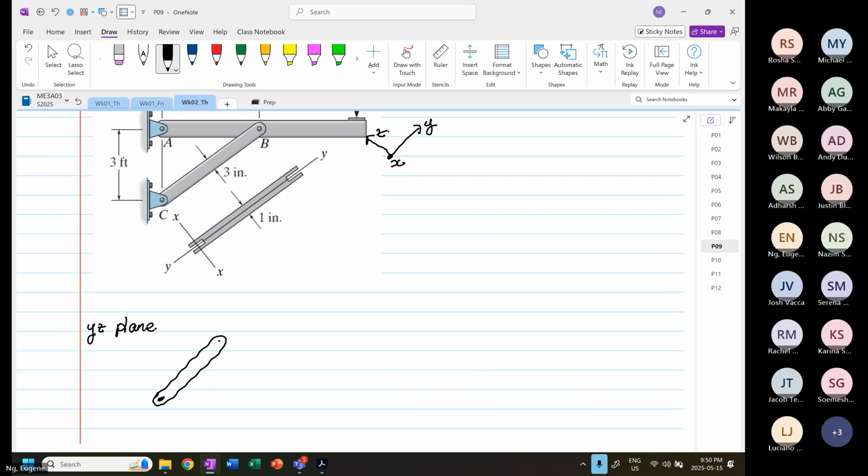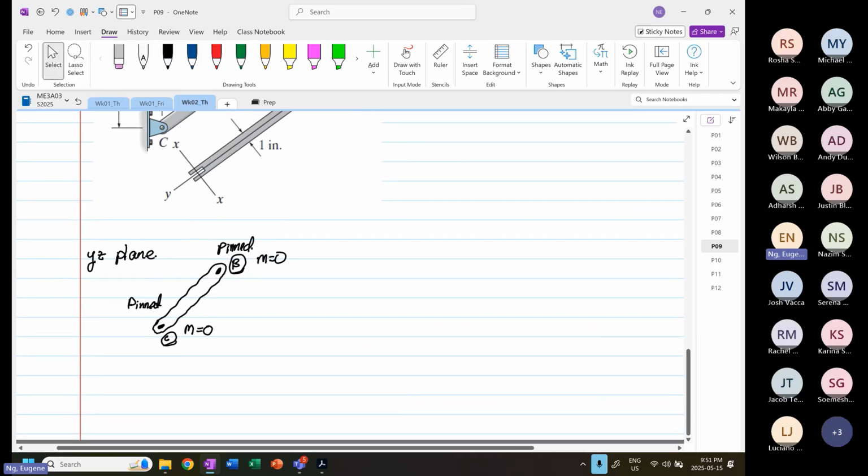This is our point C and point B. And we realize that both ends are pin, i.e. the moment is equal to 0. Because if you remove the support at C, BC will rotate. When you remove support at B, you take this piece out, this thing will rotate. So moment is equal to 0.